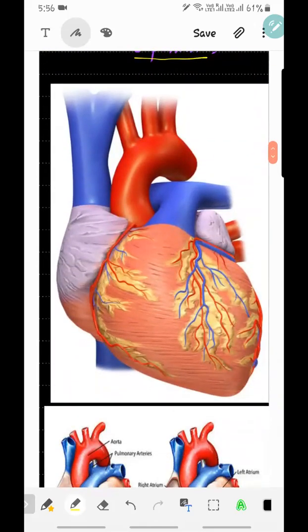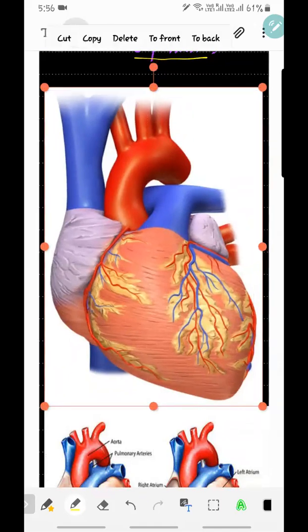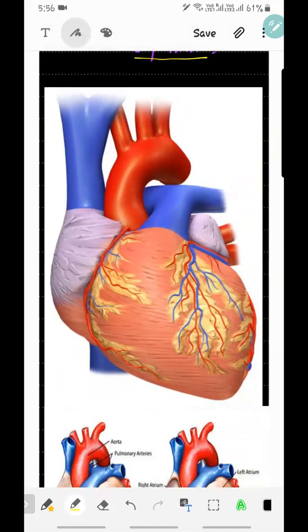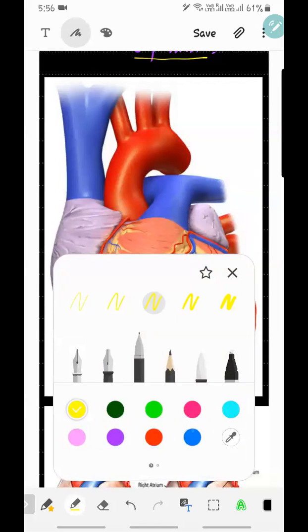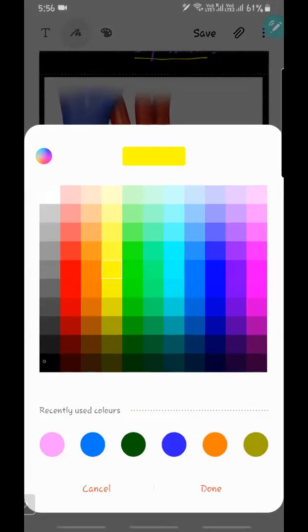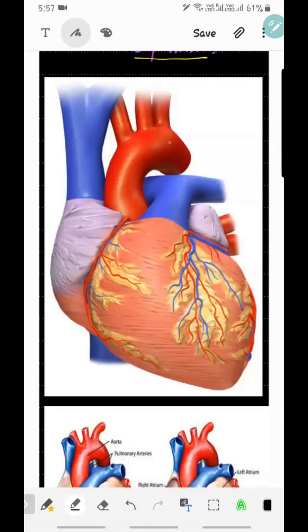You can see on the screen how the heart looks. You can see the structure of the heart. Whenever in the picture it is shown in red color, you have to imagine that it is an artery.